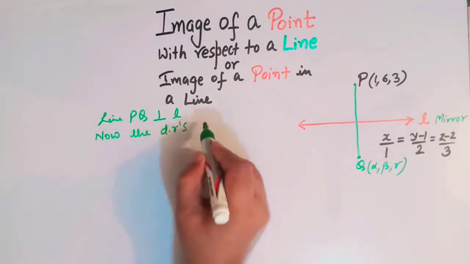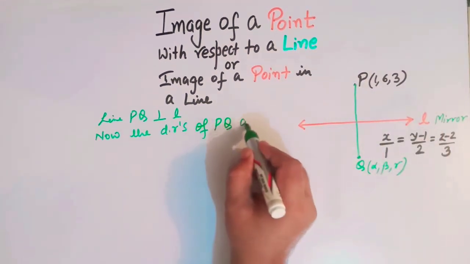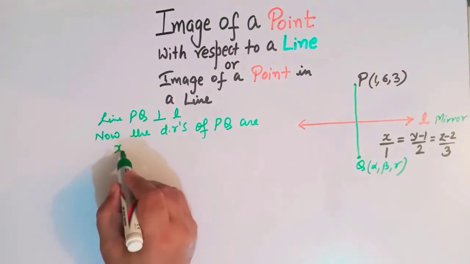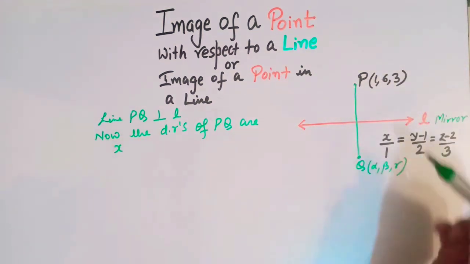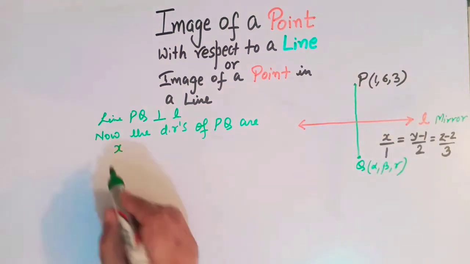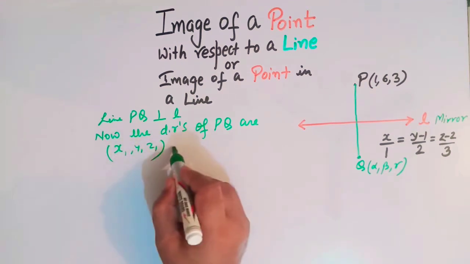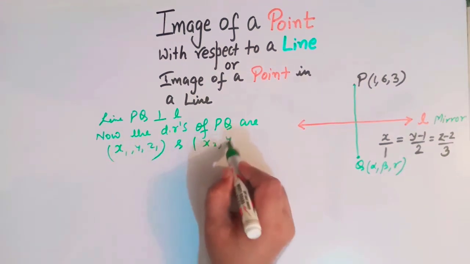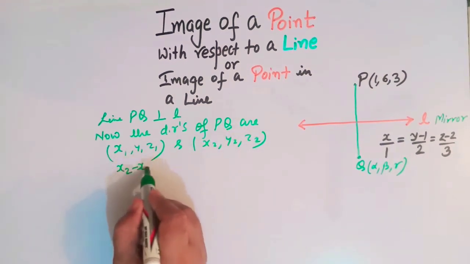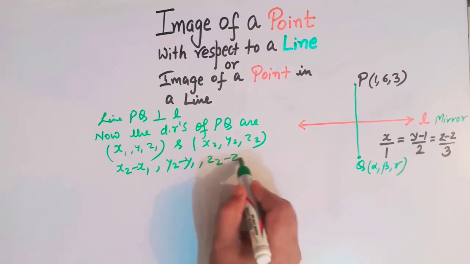of this line PQ are x2 minus x1. We know that the DRs of a vector joining 2 points x1, y1, z1 and x2, y2, z2 are given by x2 minus x1, y2 minus y1, z2 minus z1.